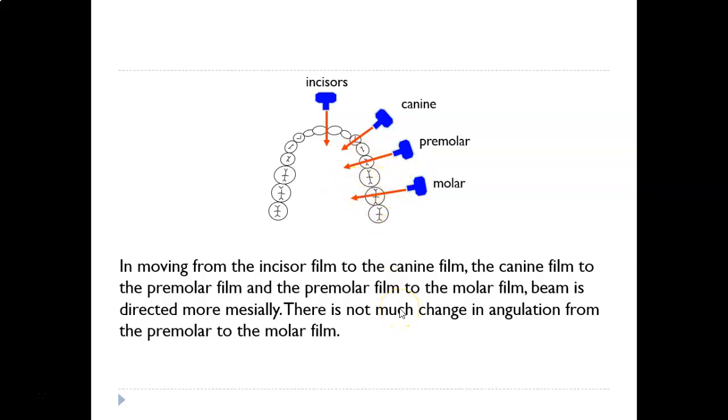So it depends on everybody's occlusion, and it's a little bit different. But in general, as you move back, if someone has a really nicely formed even arch, you're probably going to be changing your angulation slightly more mesial with each picture as you head back toward the molars.